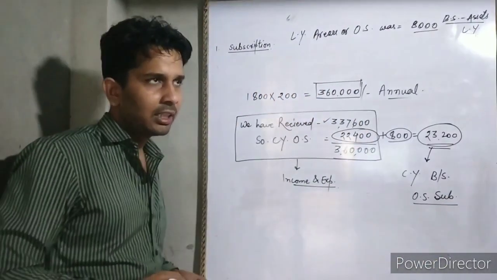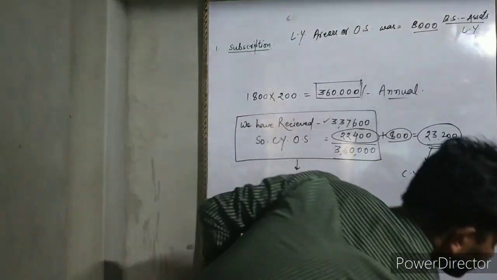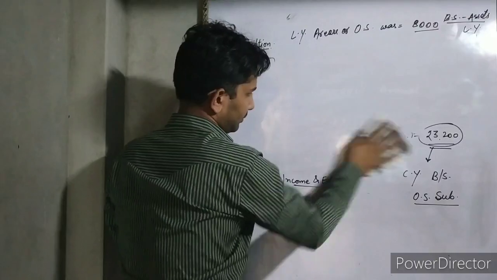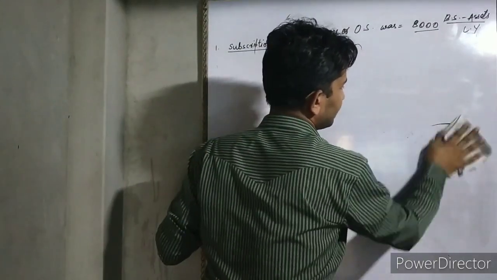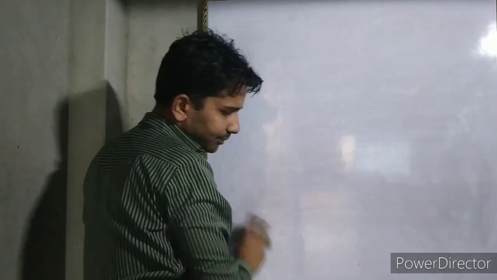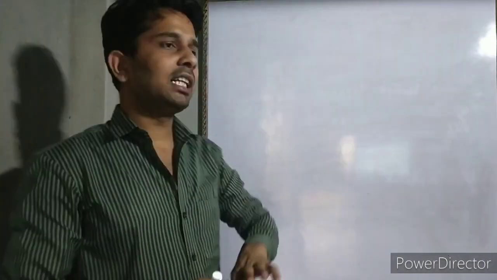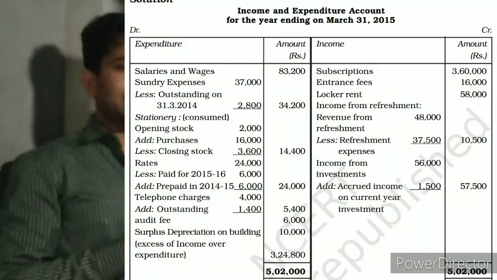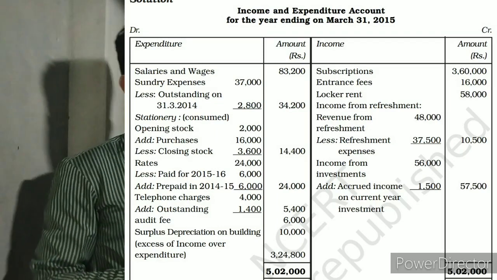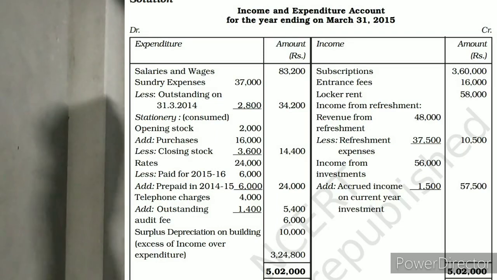Got it? You can note down the question as well. Okay. So for now, you can take your question and answer as well. Firstly, I would like to tell you that this is your solution. You can go through your solution.